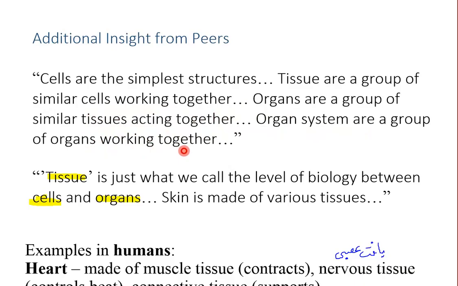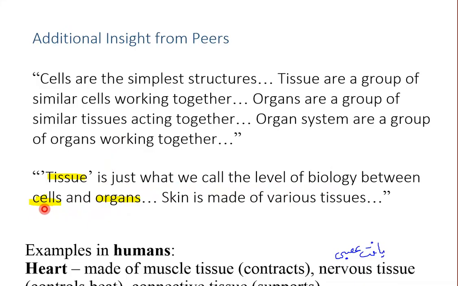Okay, so we learned this hierarchy about parts of the body, parts of the human body, or parts of living things. Tissue is just what we call the level of biology between cells and organs, because cells are easy to define.